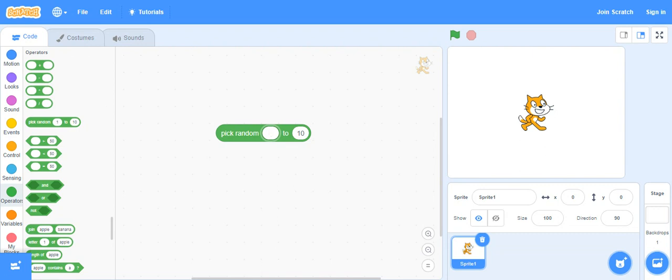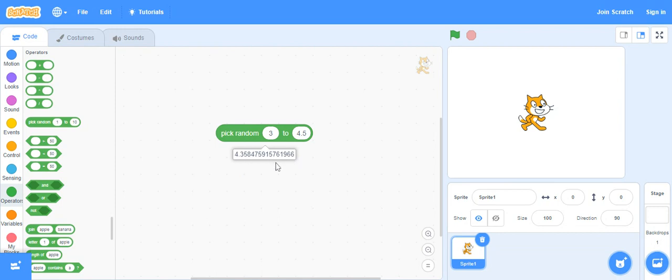So we will select a range from 3 to 4.5, and now we need a random number of this range, 4.3 and so on.